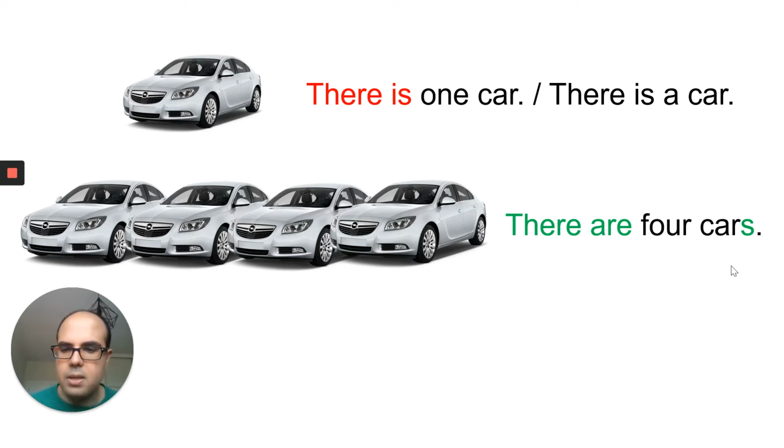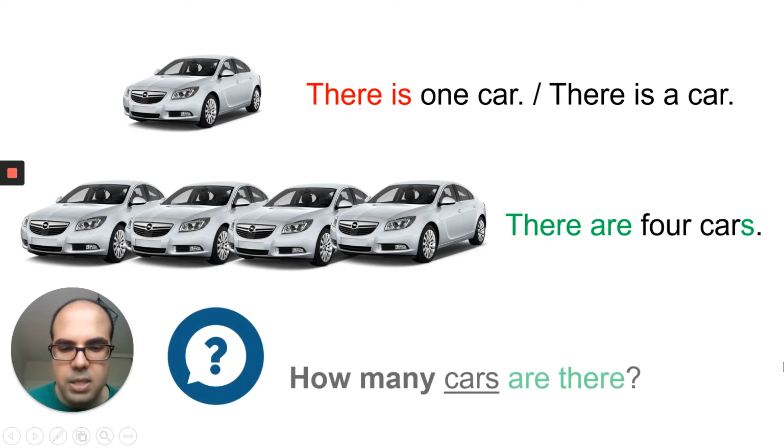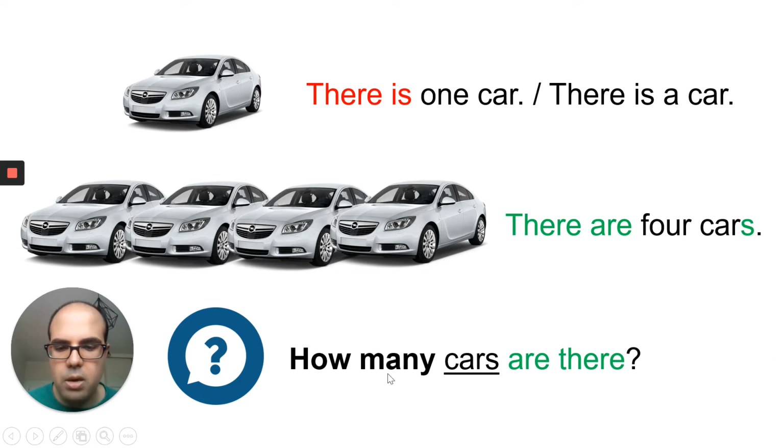If I want to ask about the number of cars that I can see in the picture, I can use this question that you see here. How many cars are there? Can you repeat? How many cars are there? Okay, so we start the question with how many. We always start with how many.